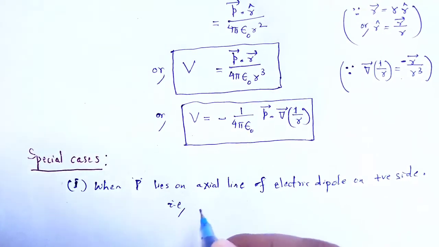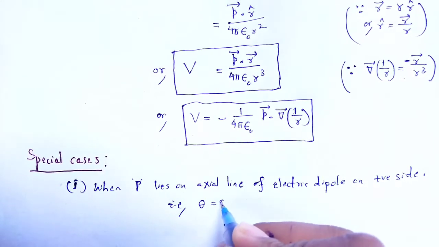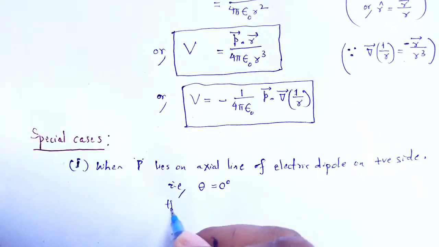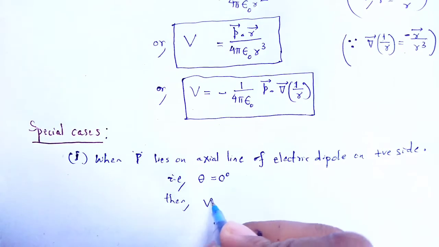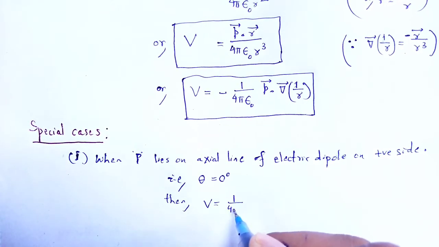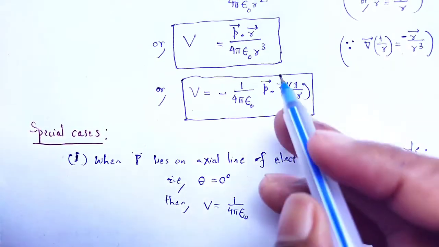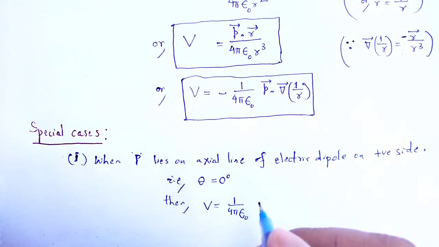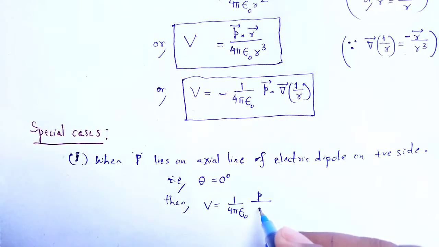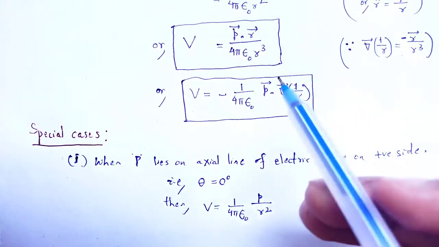That is, the angle theta will be 0 degrees. Then the expression for potential is 1 by 4 pi epsilon naught P divided by r square.